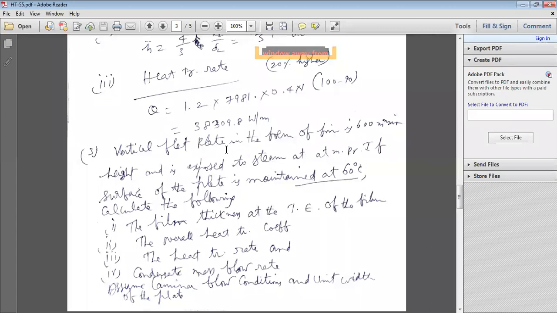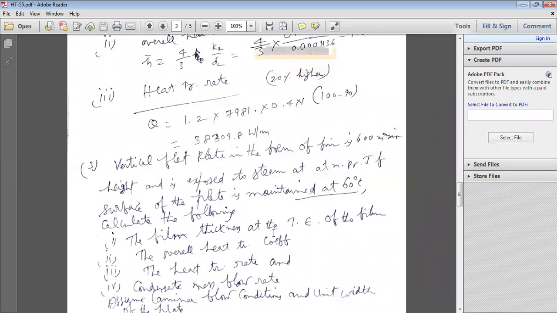The height or length of the fin, or vertical flat plate, is 600 mm, exposed to atmospheric pressure. So the saturation temperature is 100 degrees centigrade. If the surface of the plate is maintained at 60 degrees centigrade, Ts 60 degrees centigrade, calculate the following.